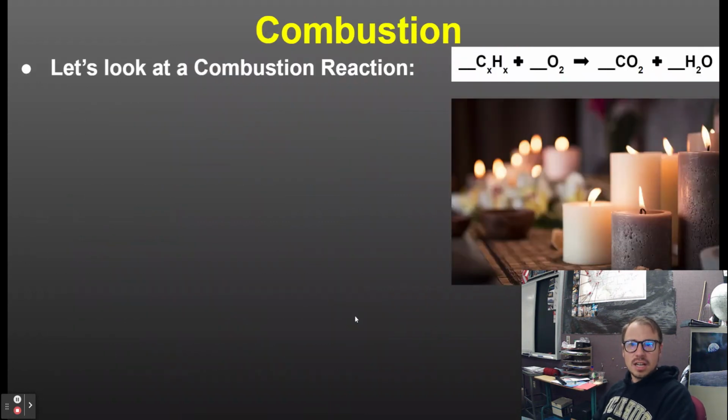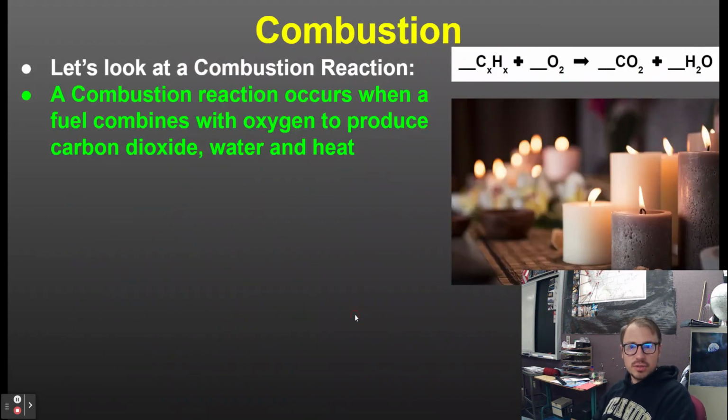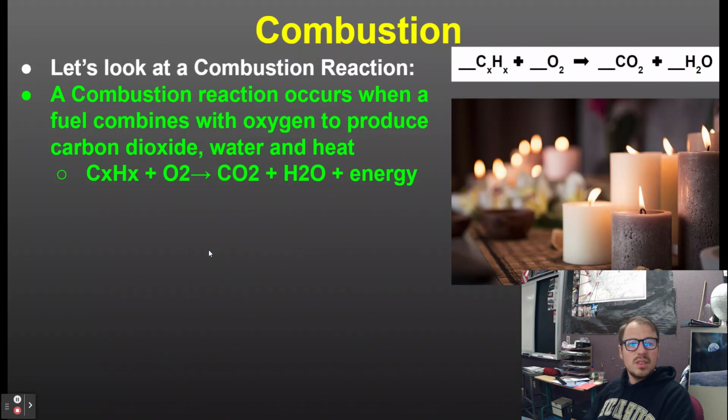Now, the last type of reaction is a combustion reaction. This is a special case, the odd one out. Sometimes it's not even taught with reactions. It's taught separately. But a combustion reaction occurs when a fuel combines with oxygen to produce carbon dioxide, water, and heat. So this is the chemical reaction formula for it.